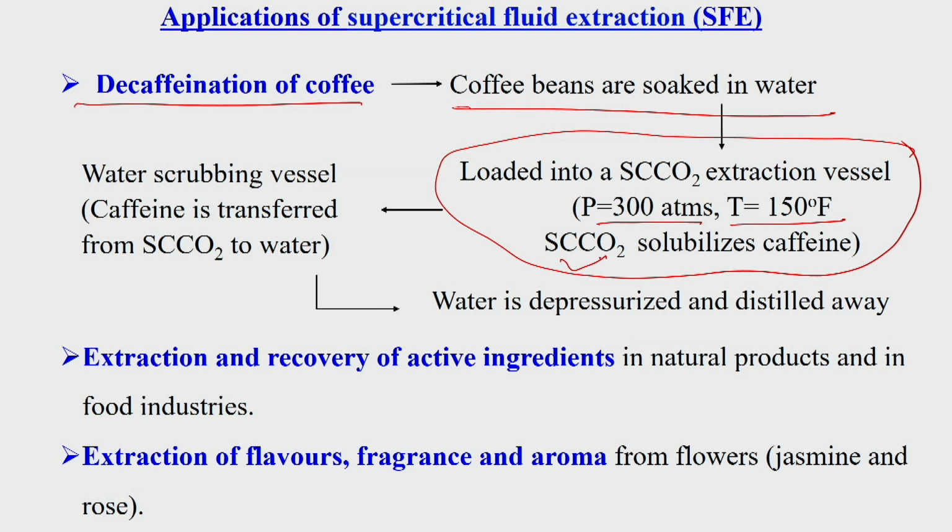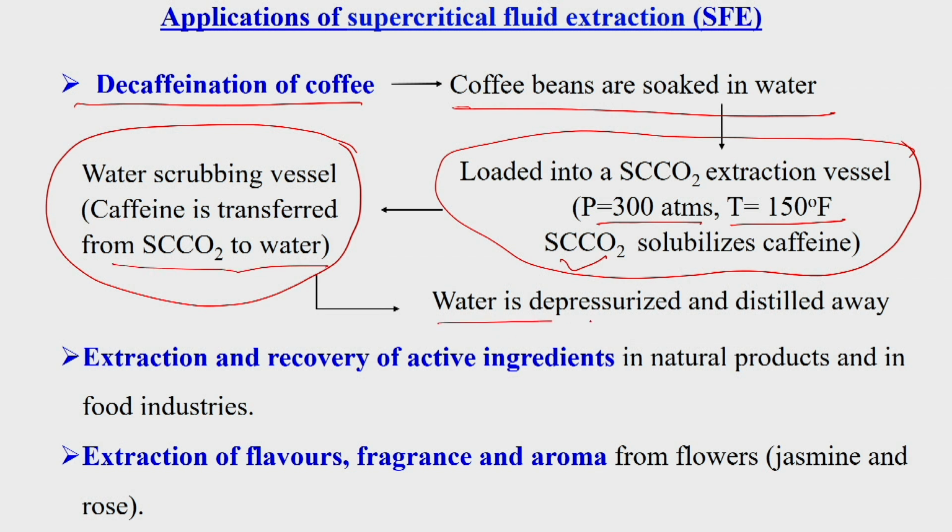There supercritical carbon dioxide solubilizes the caffeine, and the inert material is separated from the caffeine in the water scrubbing vessel, where the caffeine is transferred from carbon dioxide to water, then the water is depressurized and distilled away. So, this is one example. So, we can separate the caffeine from the coffee beans.